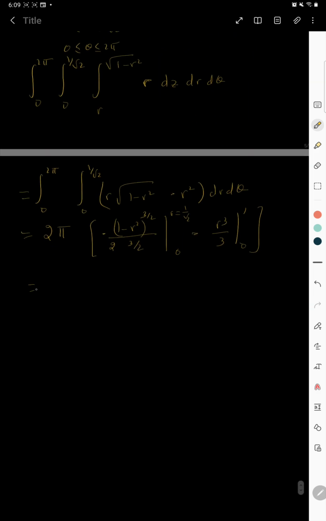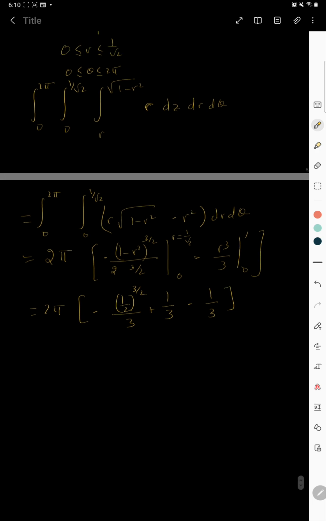Let's compute this. This is just 2 pi, minus here, you know, the 2 will cancel out, so you get 1 minus 1/2. So you get 1/2 to the 3/2 over 3 plus 1 over 3 when r is 0, minus 1/3.